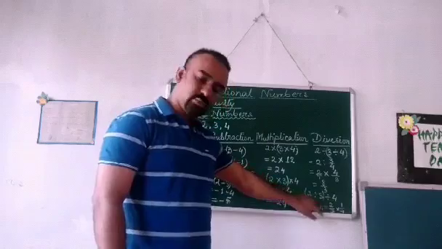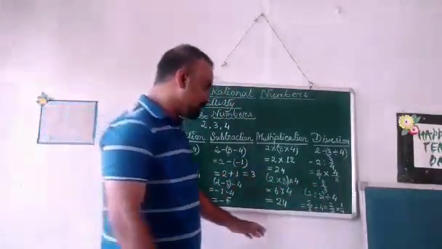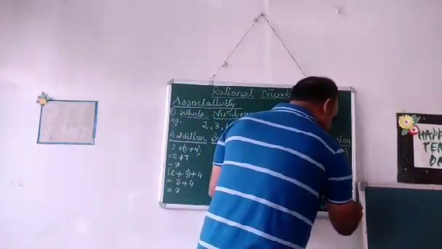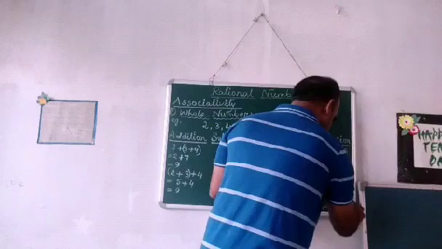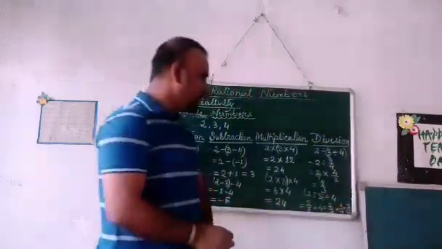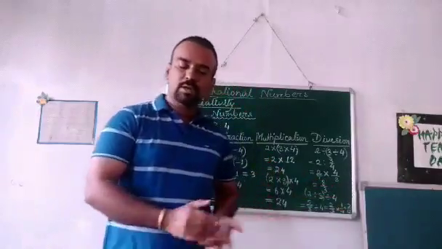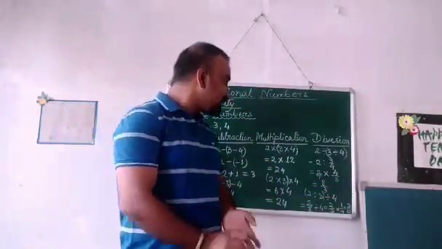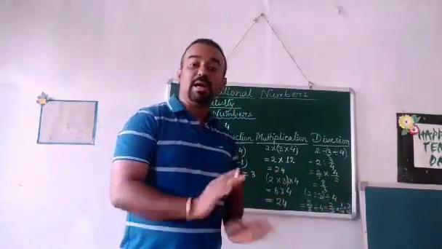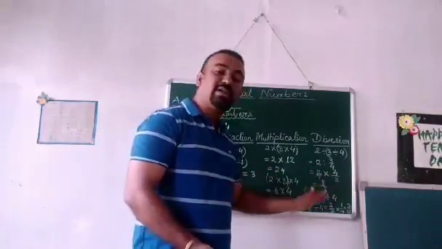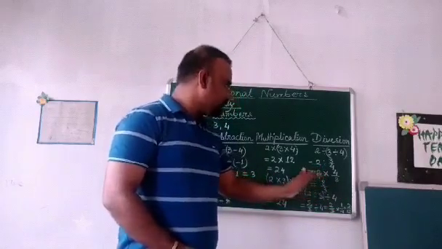So we know that 4 has a 1 below it, so 1 will go on top, 4 will come down at bottom. And this one will be equal to, when you multiply, 2 by 12 or 1 by 6. So we can say that 1 by 6 and 8 by 3 are not same. They are different answers.